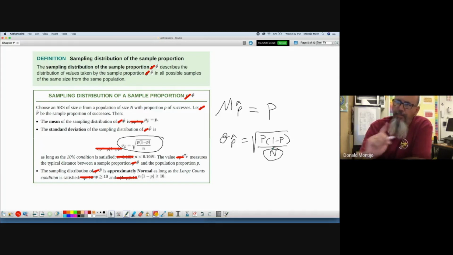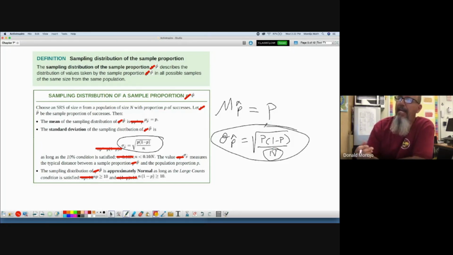Okay. Now, this formula for the spread or the standard deviation of the sample proportion p hat only works if this condition is satisfied. So as long as the population is at least 10 times the size of the sample.